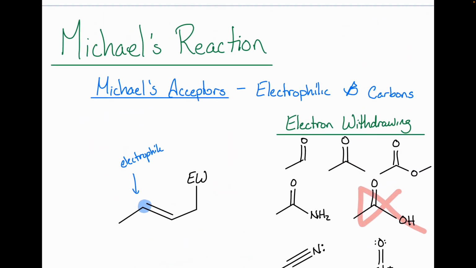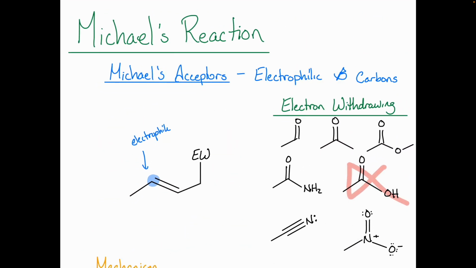So, again, we talked about Michael acceptors last time, but we looked at a very specific example. Now we're going to generalize this to anything that has this pi bond directly next to a good electron withdrawing group.